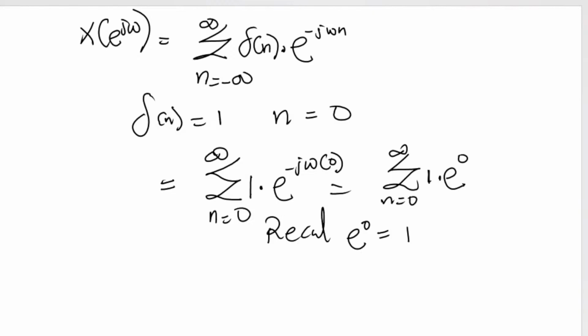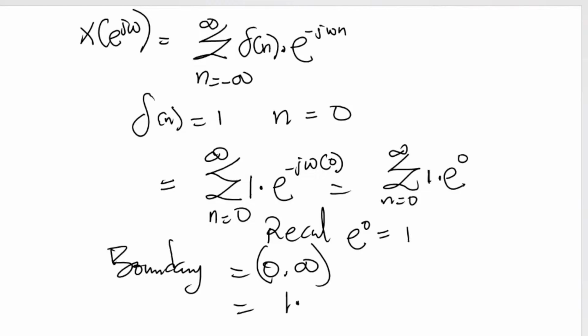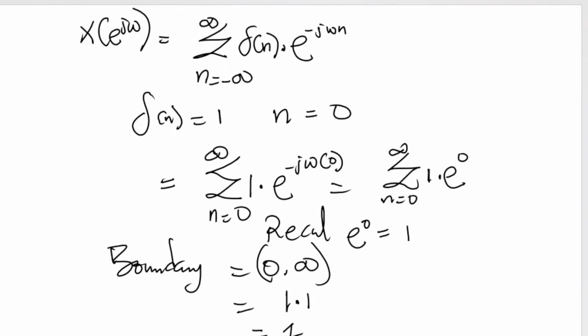What are now the boundary conditions? The boundary conditions are 0 and infinity. Are we together? So since we know the boundary condition and we know that exponential raised to the power of 0 is 1, we'll simply have 1 multiplied by 1, and this will simply give you 1. Now, this is the final answer.